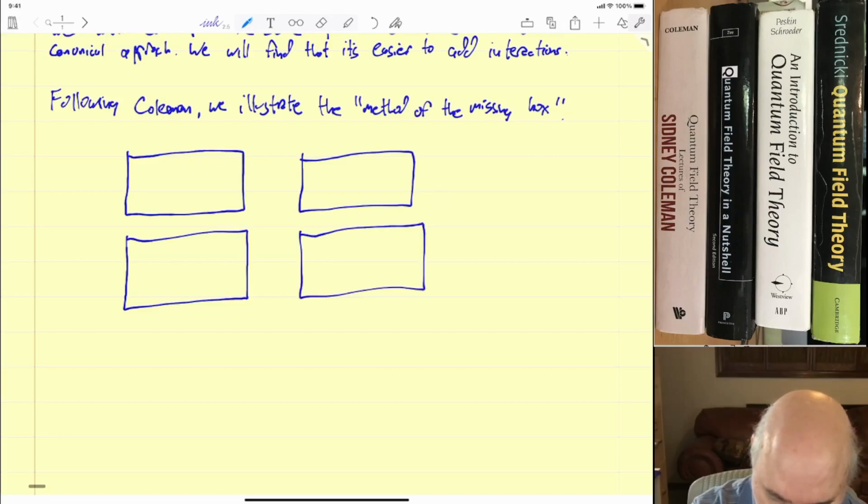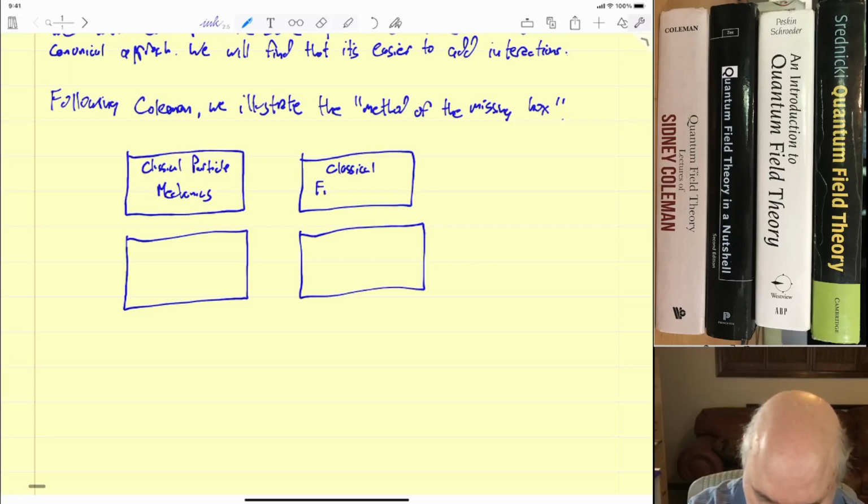So in this box, we have classical particle mechanics. And in this box, we have classical field theory. And in this box, we have quantum particle mechanics.